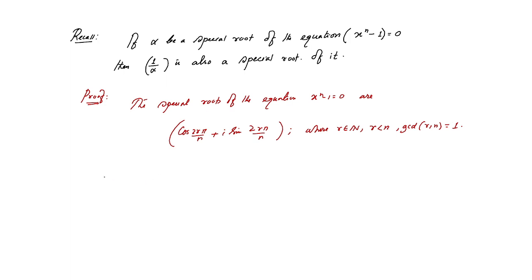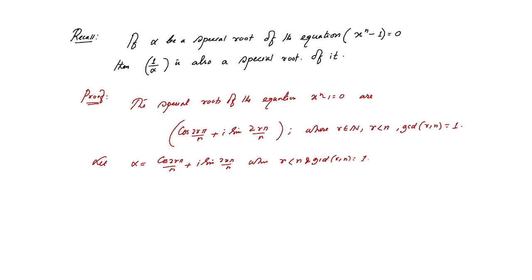Now, okay, we are thinking let alpha equal to cos 2r pi by n plus i sin 2r pi by n, where r is a particular value, this is less than n, and GCD of r and n equals 1.